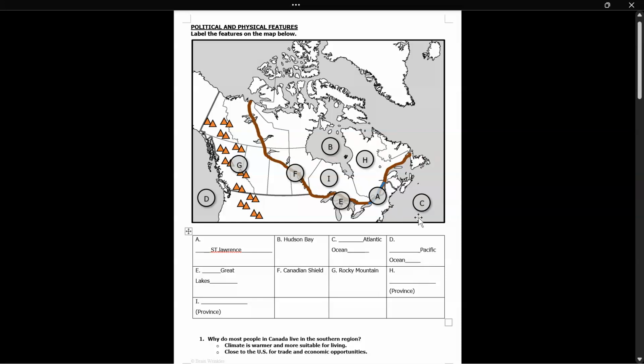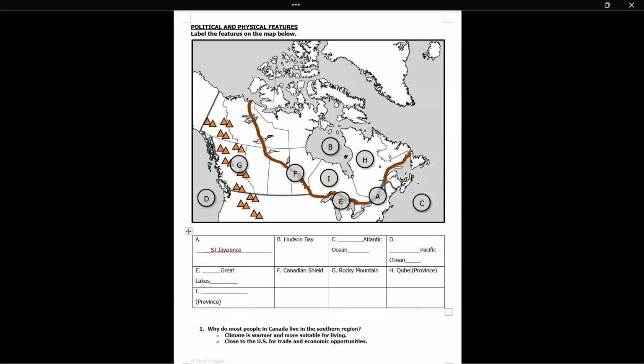H, we're talking about provinces, which we also talked about in the history of Canada, when it came to the independence movement. The answer is Quebec.